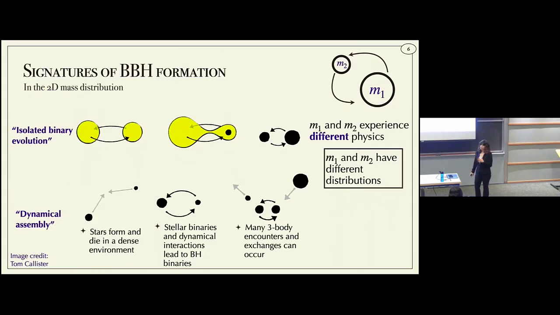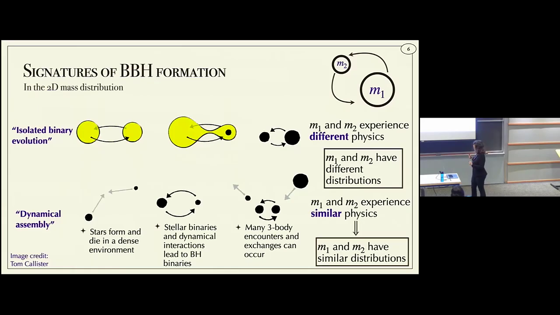As we saw in the really nice videos yesterday, Carl showed one, Johan showed one, these three-body encounters result in something being ejected from the system, and that's how the binary orbit hardens. The technical term for this is that things get all mixed up in clusters. On average, the primary and secondary mass distributions are experiencing similar physics. We lose the memory of what was the initially more massive star and what binary interactions happened. And that would lead to similar primary and secondary mass distributions.